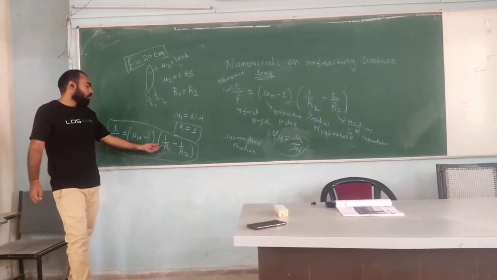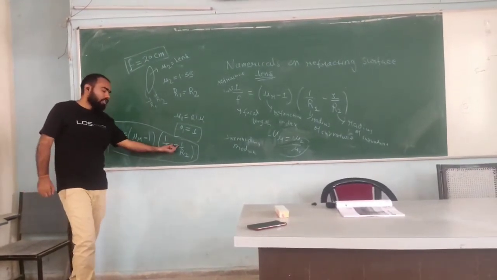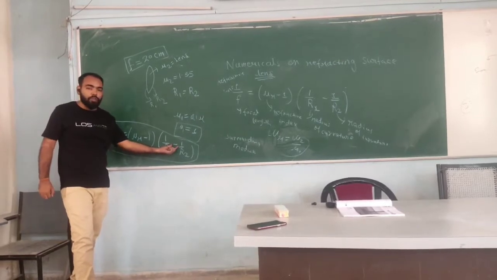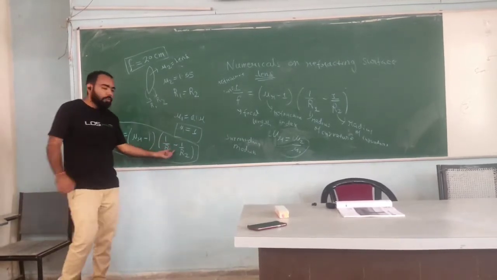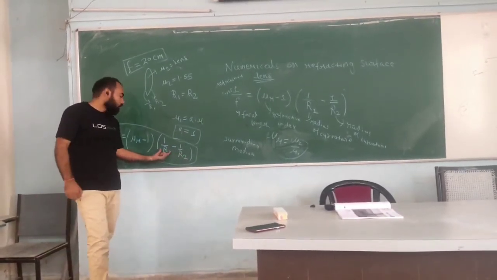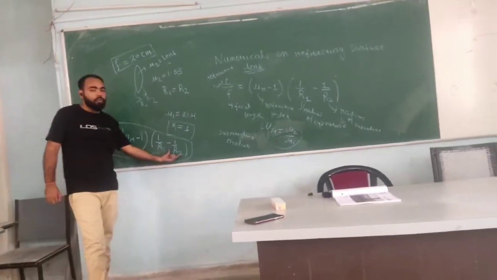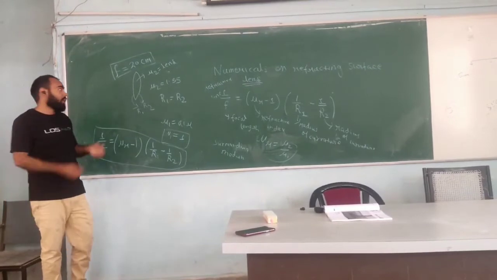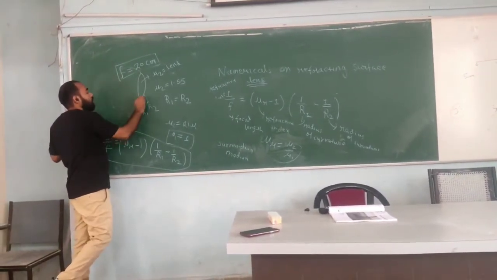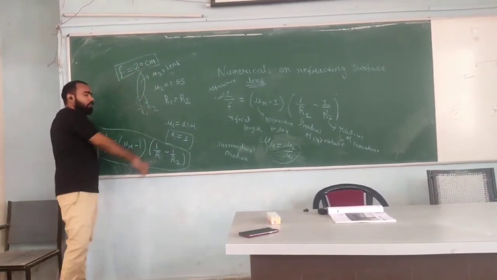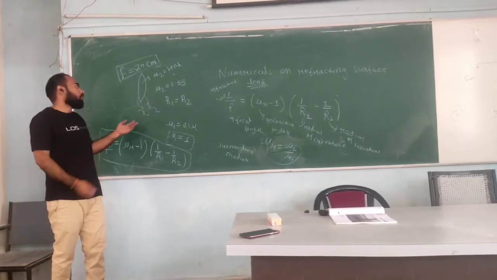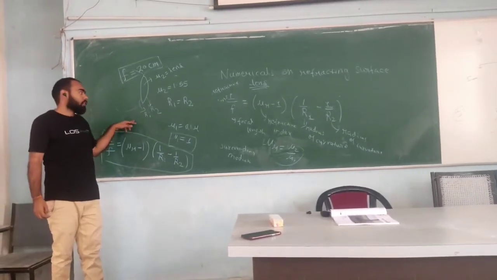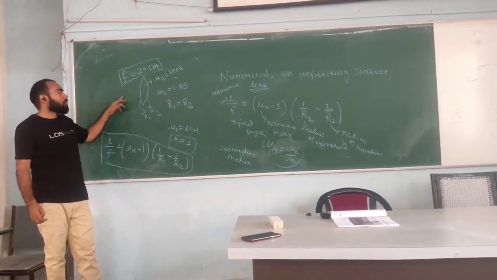We are not worried about the sign in the formula. While putting the values of R1 and R2, we have to see whether the radius of curvature lies on the left hand side or the right hand side, and according to the sign convention, we put the same values.